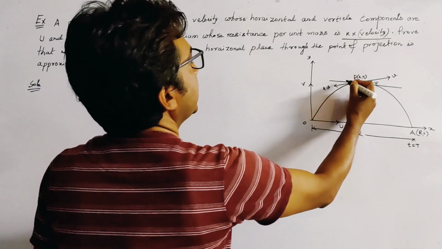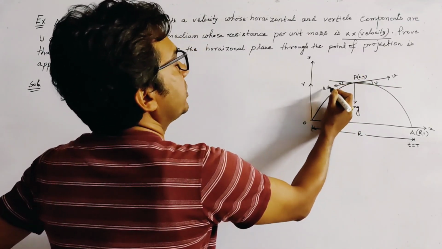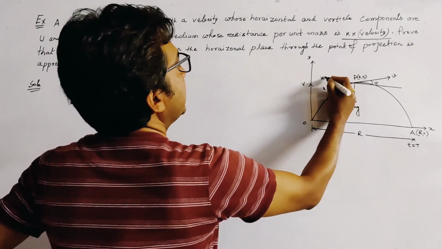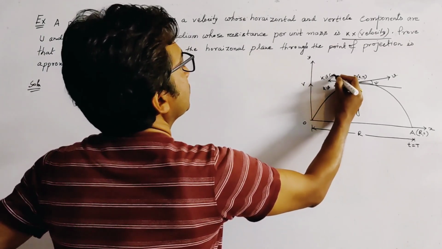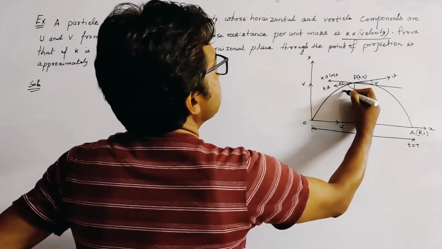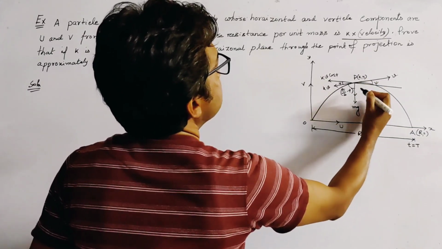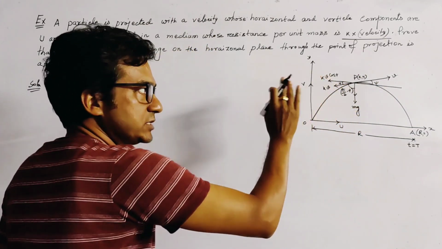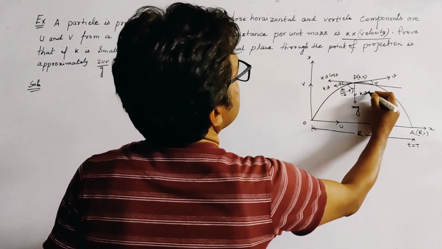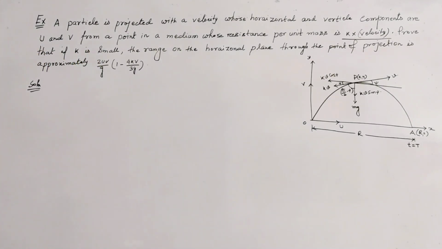So this is also psi. The component of kv along the negative x-axis is kv cos psi, and the component along the downward direction is kv cos of pi by 2 minus psi, which is kv sin psi.